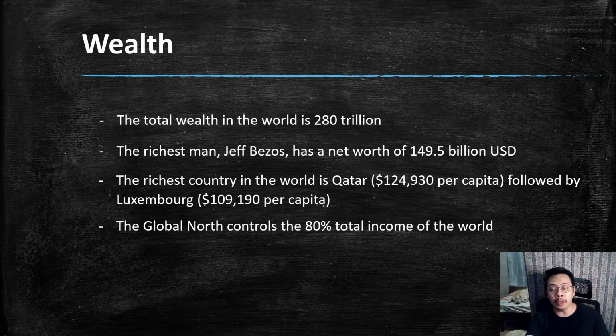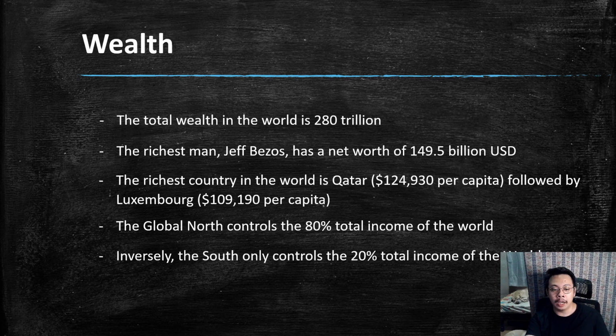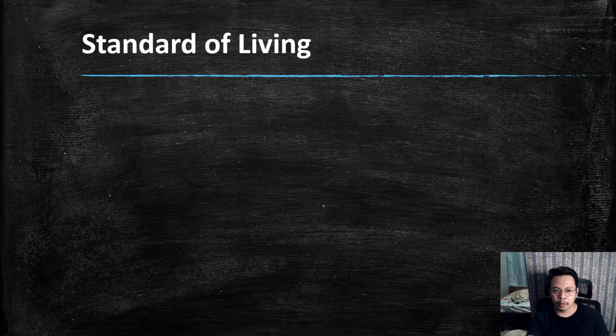So the global north controls the 80% total income of the world. Inversely, kaning global south basically controls 20% of the total income of the world.